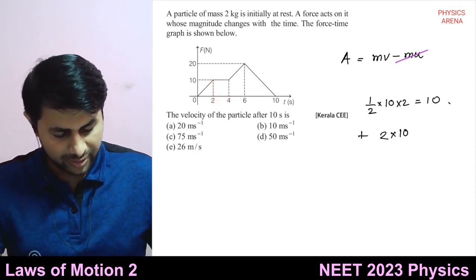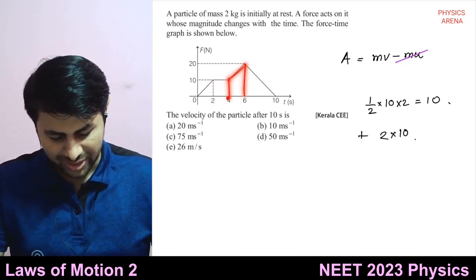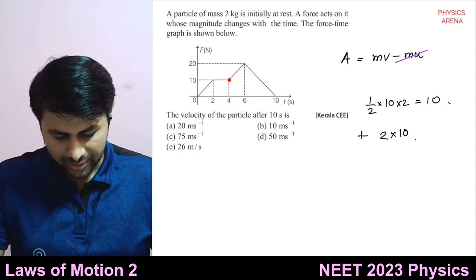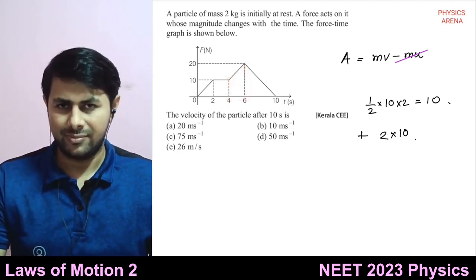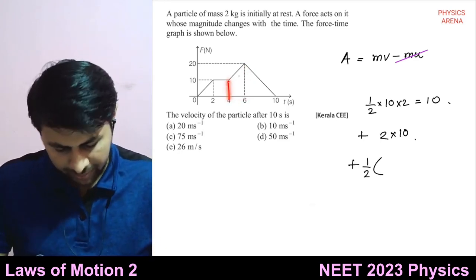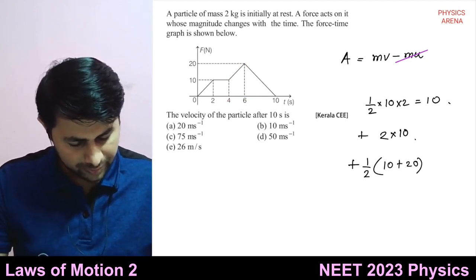2 times 10. And after that we have a trapezoid. So what is the area of a trapezoid? It is half of the sum of parallel sides multiplied by base. Okay, the sum of parallel sides is 10 plus 20, multiplied by base 2.